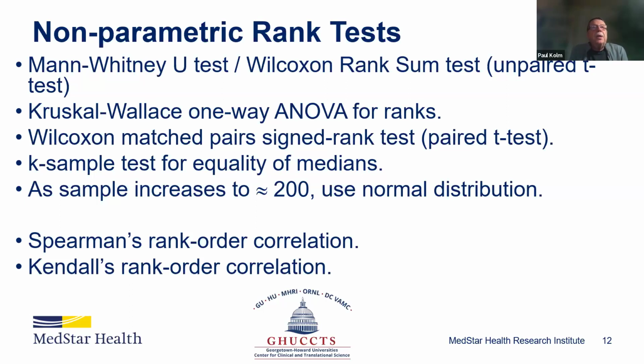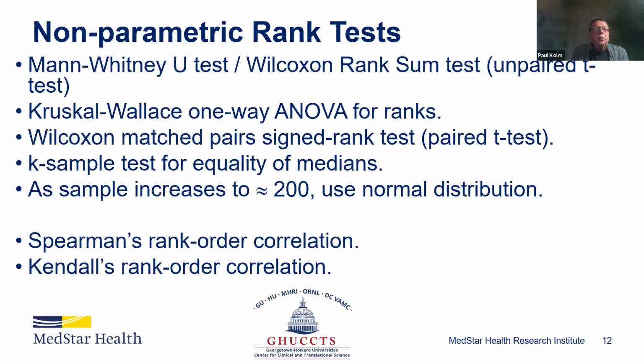The Mann-Whitney U test, also known as the Wilcoxon rank sum test, is an unpaired test, and the parametric equivalent would be the unpaired t-test. The Kruskal-Wallis one-way ANOVA for ranks is comparable to one-way analysis of variance. The Wilcoxon matched pair sign rank test is analogous to the paired t-test.